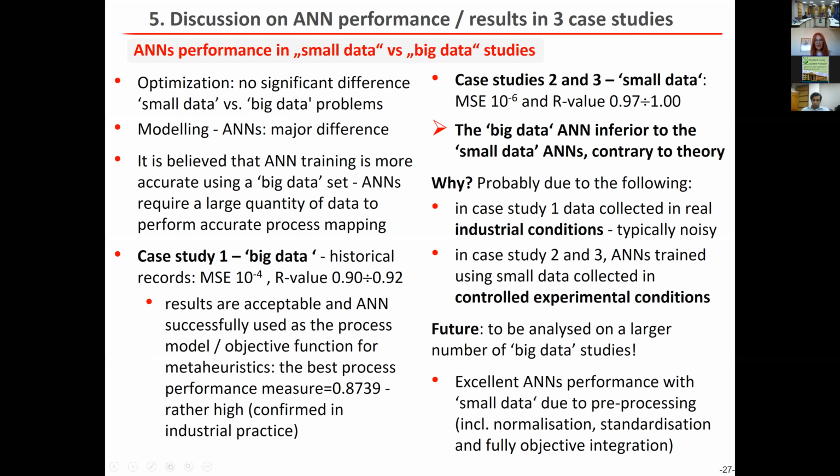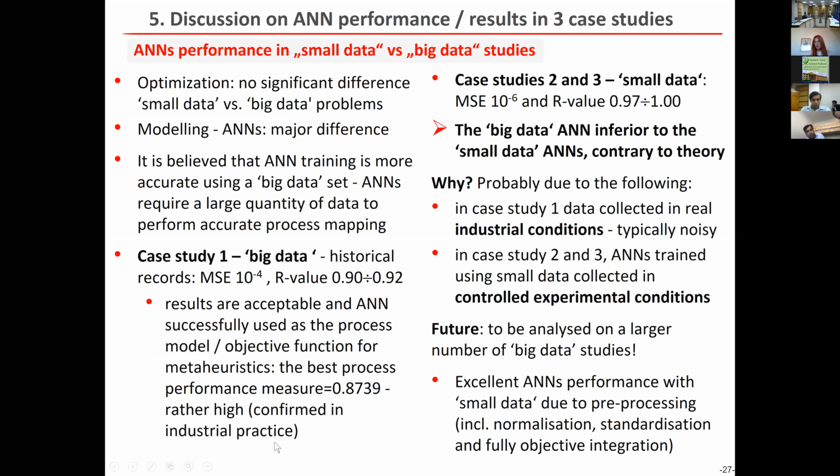First, let's see this small data versus big data. And in my case, big data is a few hundred, not a few thousand. So in terms of optimization itself, there is no big difference between small and big data.